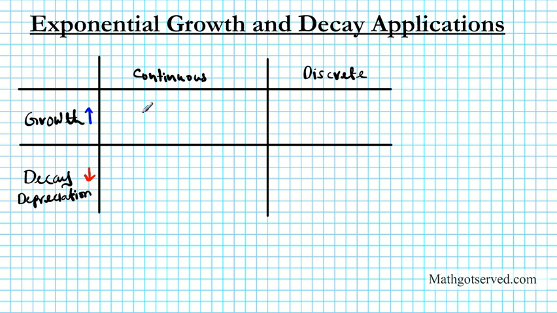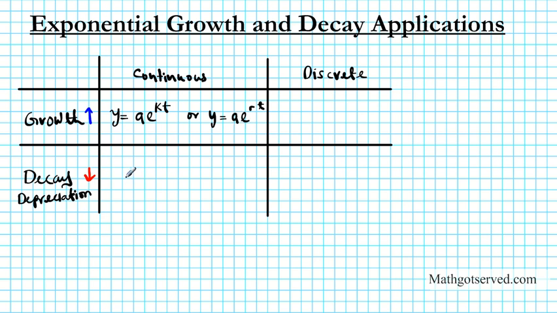Now, for continuous growth, it could be either of the form y equals ae raised to the kt, or y equals ae to the rt.